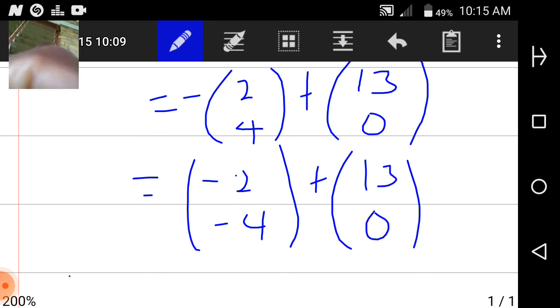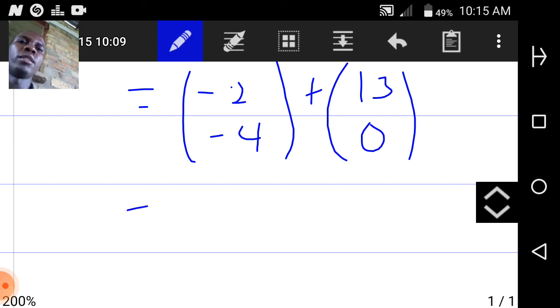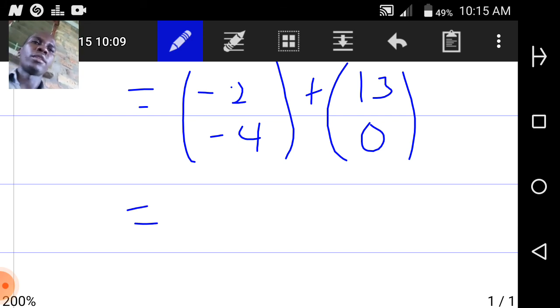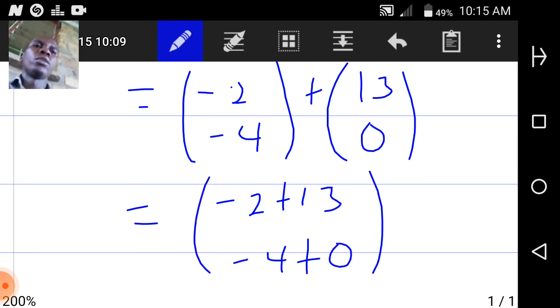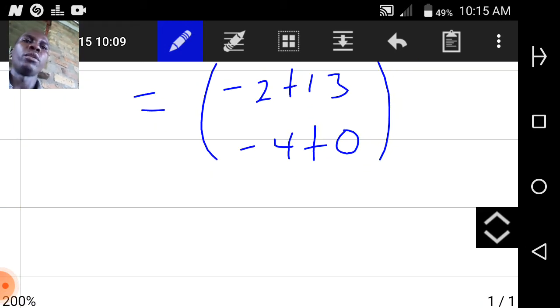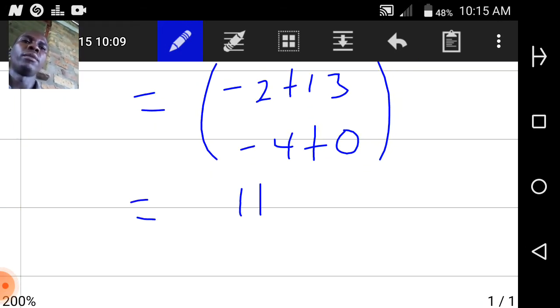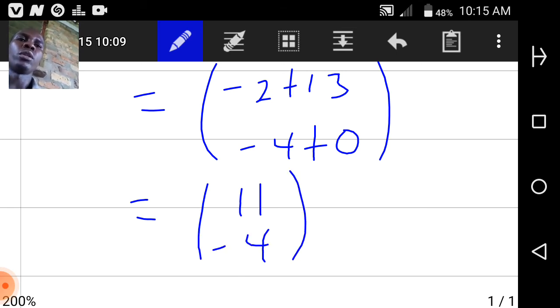When we add, we add the x coordinates together and also add the y coordinates together. We have -2 plus 13, then also -4 plus 0. That gives 11, and -4 plus 0 is -4. So what we have got is our QR.